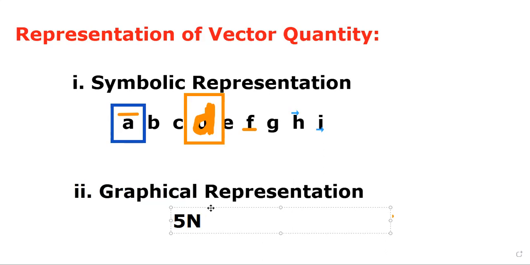and it is acting in the eastward direction, or northeast, or you can say southwest. Southwest is the direction. So 5 Newton is the force and southwest is its direction, because force is a vector quantity. Then how would you represent it? Suppose this is our coordinate axis, or you can say map.